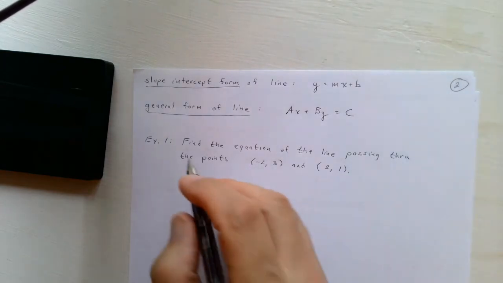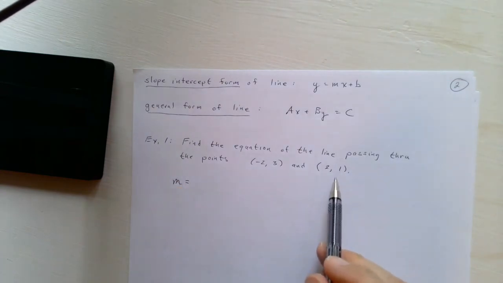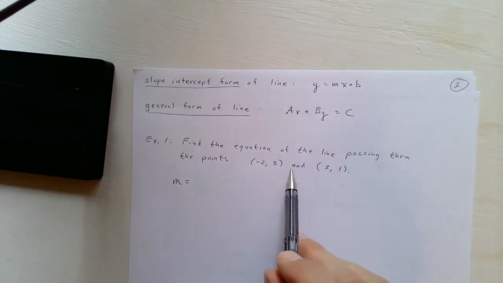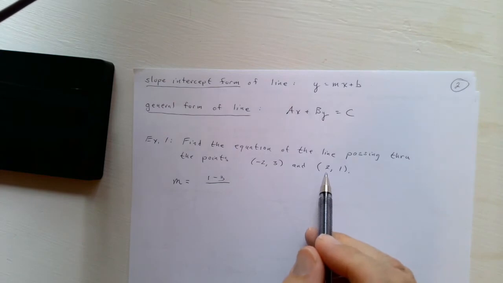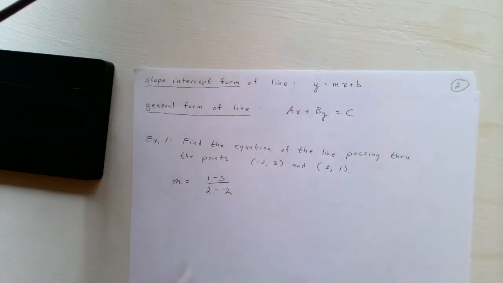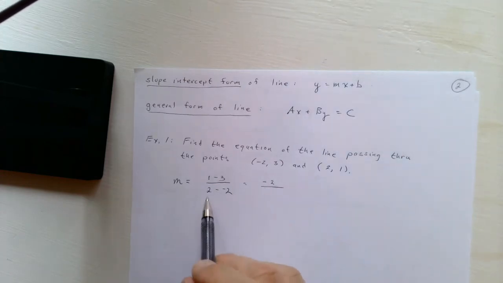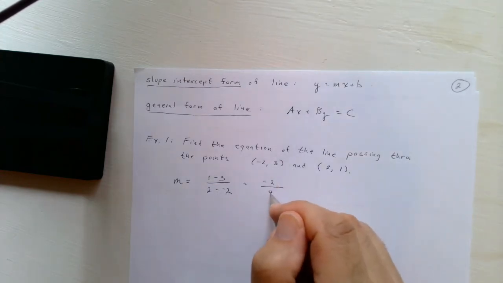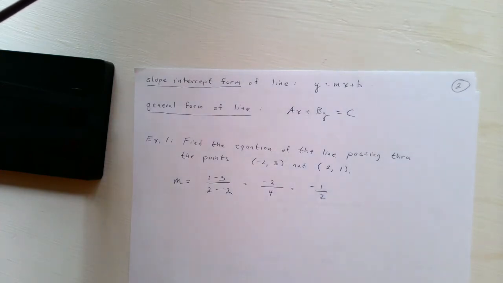So the slope, m, is going to be y2 minus y1, so this will be 1 minus 3, over x2 minus x1, so this is 2 minus -2. 1 minus 3 is -2, 2 minus -2 is positive 4, and this reduces to -1/2. So that's the slope, -1/2.